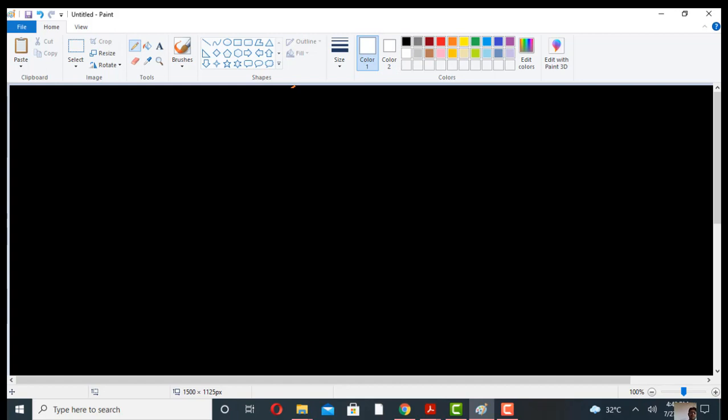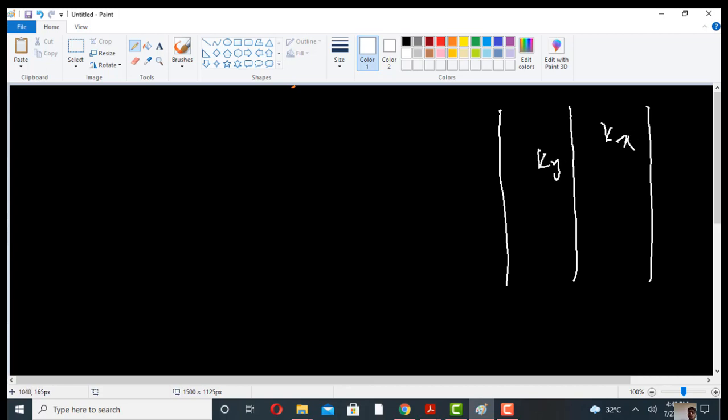In mass transfer, the individual mass transfer coefficients are those we have already obtained from the two-film theory. This is the interface, this is the liquid film, and this is the gas film. The mass transfer coefficient in the liquid film is denoted by Kx, and in the gas phase it is Ky.